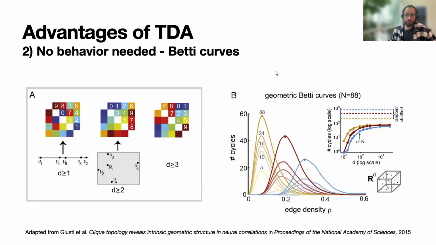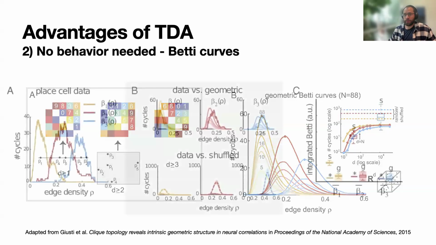So the hypothesis was that since place cells are geometrically correlated, based on the overlap of their receptive fields in the environment, the Betti curves one would expect to obtain from that neural data would follow something closer to the Euclidean distribution. And indeed, that is what they find.